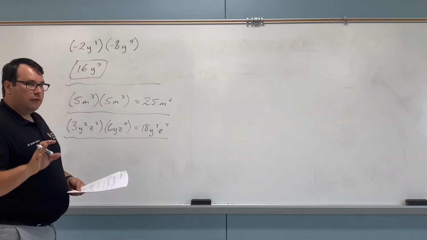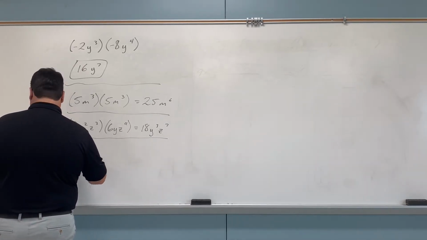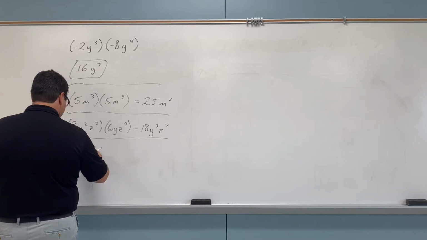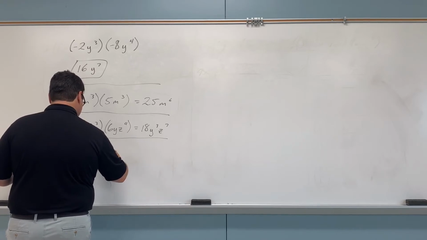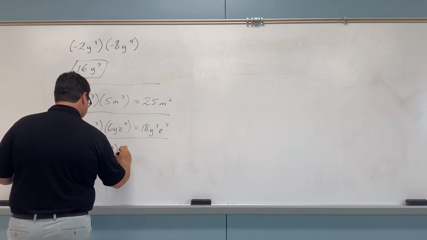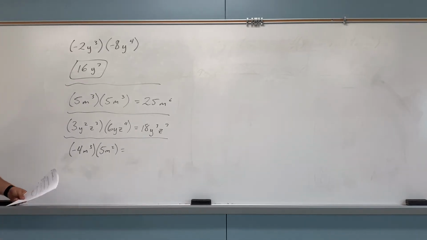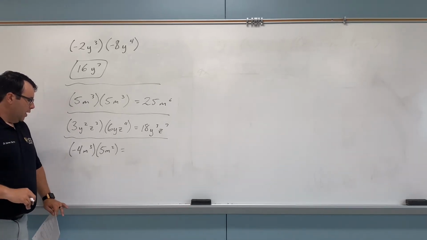Monomial multiplication is super quick because it's very intuitive to what you've already been working with, both before this class and throughout this class. So I have negative 4m cubed times 5m squared, just making sure again that I have written it exactly as needed.